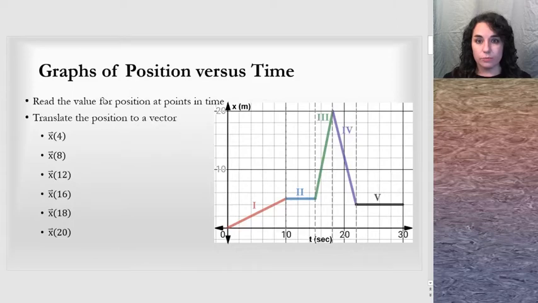The graphs of position versus time have, you can notice on the axes, the independent variable t goes on the horizontal axis, that's the time, and the dependent variable goes on the vertical axis, that's the position. And you can see x in meters.